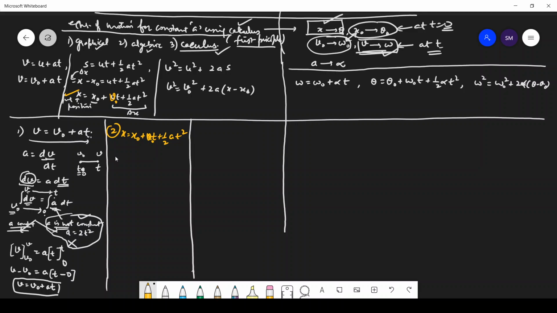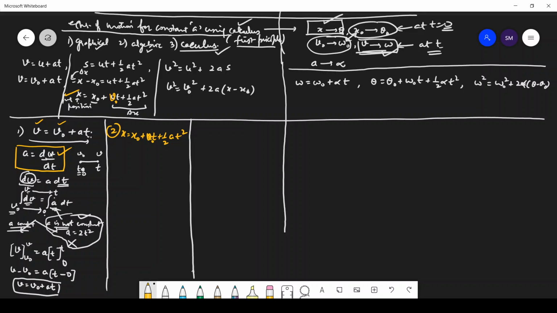Now see what we did here. Here we started with a equals dv by dt, because I need to put the limits. I need v and v0. So how can you get v and v0? Definitely you need to put these limits.